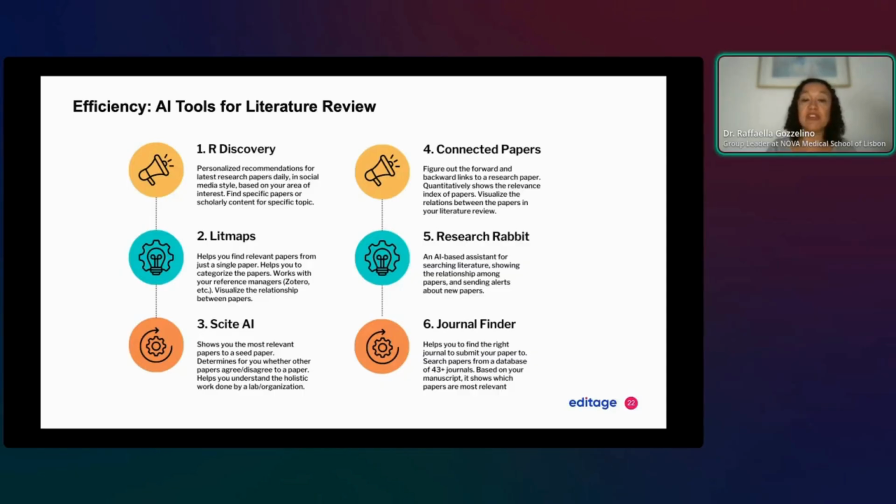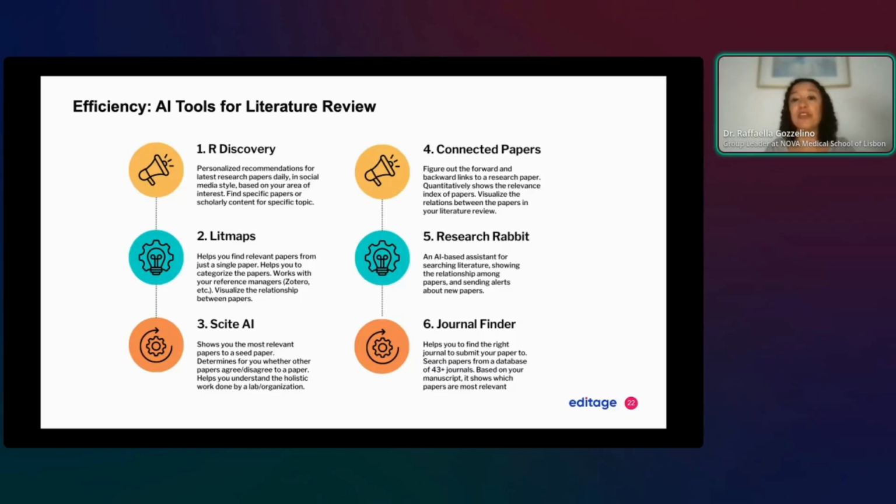Helps you to categorize the paper, and it works also with a specific reference tool to visualize the relationship between papers. Shiny AI shows the most relevant papers to a seed paper and determines for you whether other papers agree or disagree with that article, and helps you understand the holistic work done by a lab or organization.